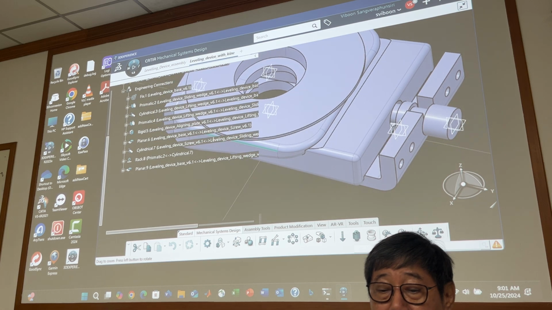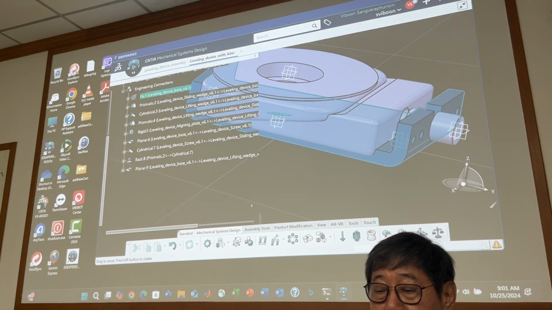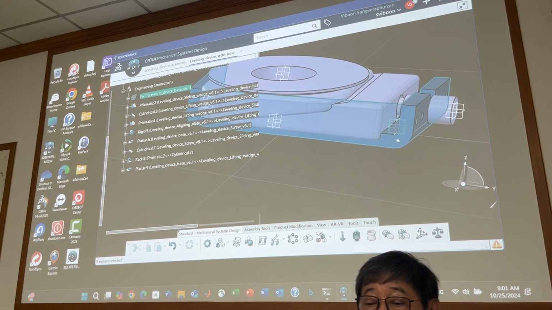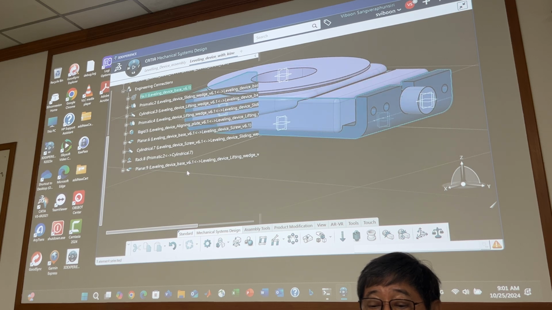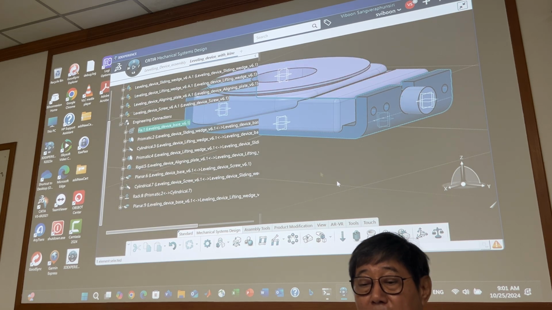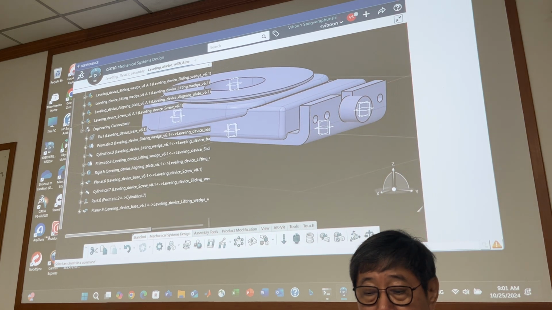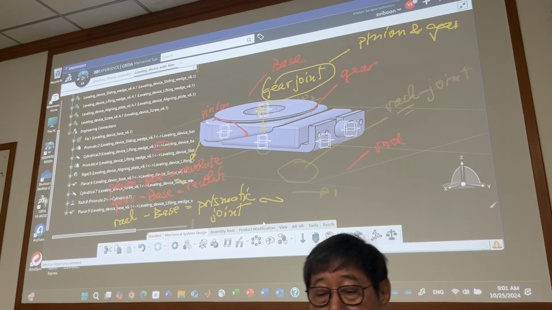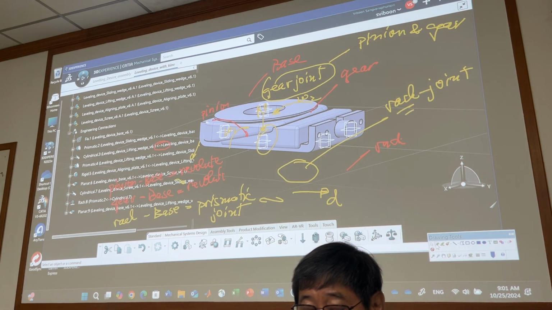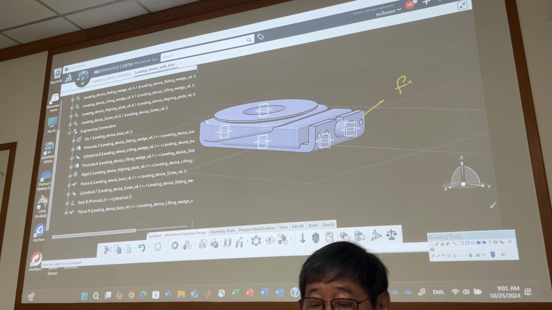Okay, look at this one. You see, you have this one fixed, right? This one fixed, and this, base fixed, right?